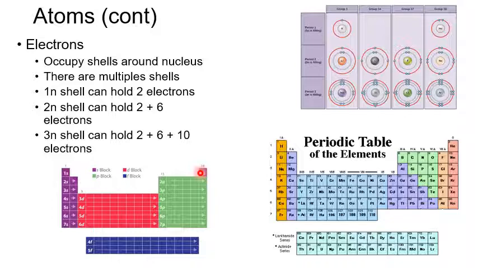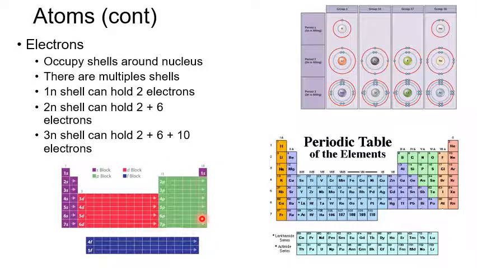Stable atoms have their shells completely filled. There is another shell, a P shell, that holds 6 electrons. So if an atom has all 6 electrons in the shell, it would be stable.